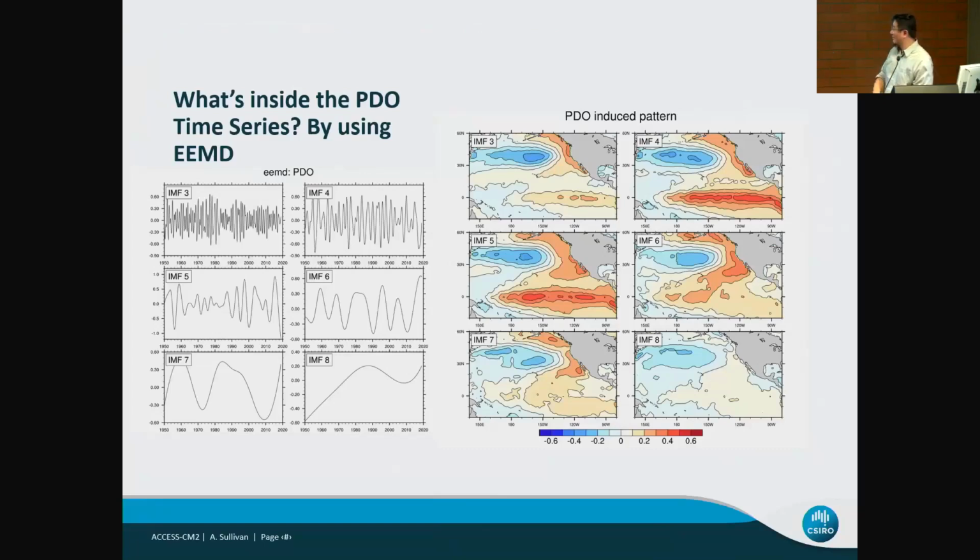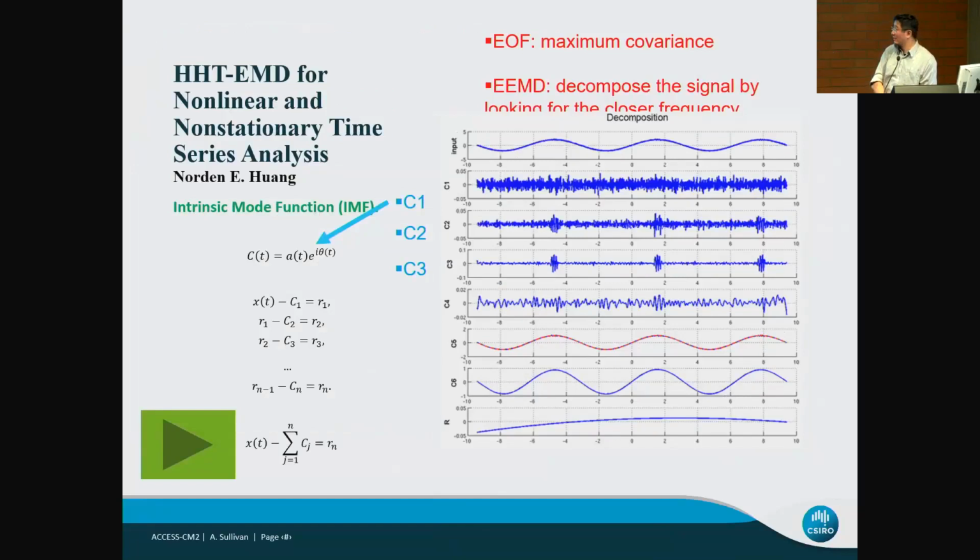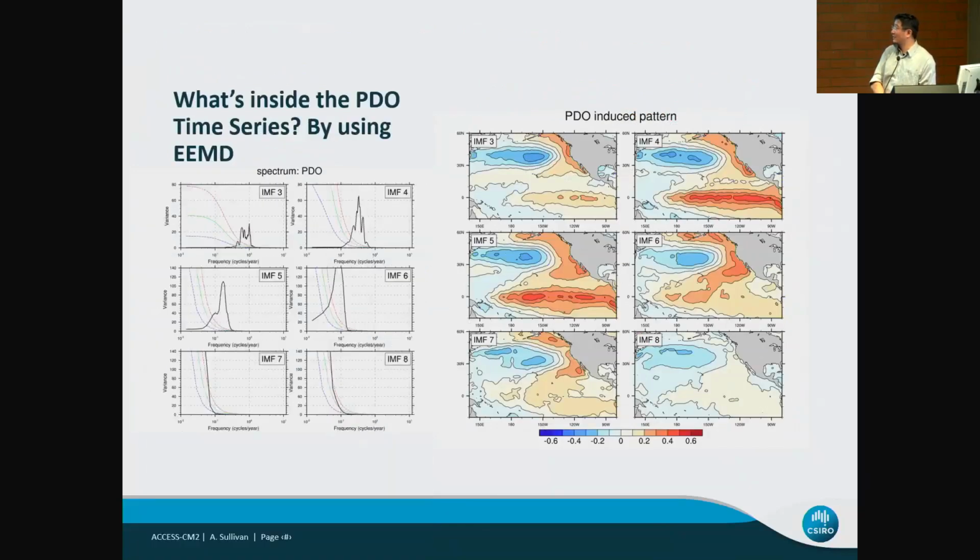So you can see actually the 7 and 8 are quite low compared to 6. For 6 you can still have up to 0.4, 0.5 degrees C after you regress it. So the whole spectrum of each mode.